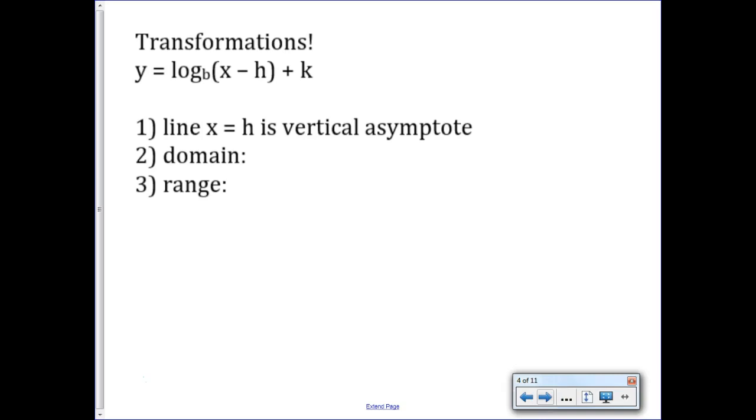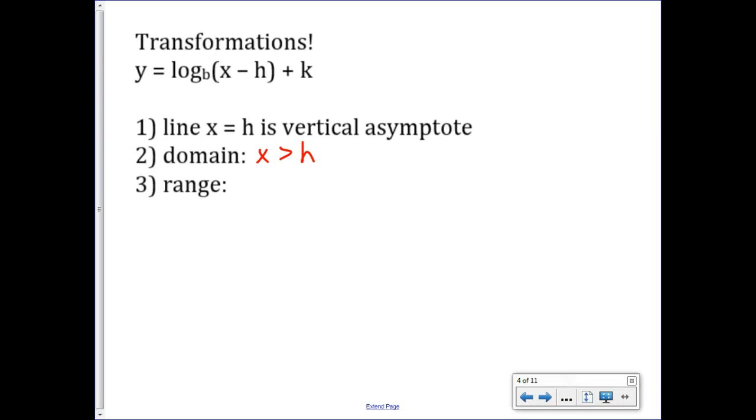Okay, so transformations. The line x equals h is the vertical asymptote. The domain is anywhere that x is bigger than h. So just like if you were not moving, it would be anywhere that x is greater than 0.